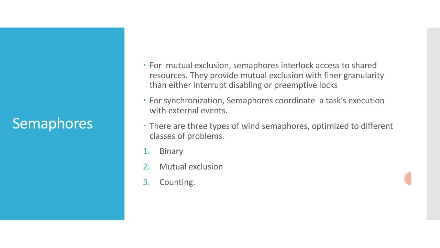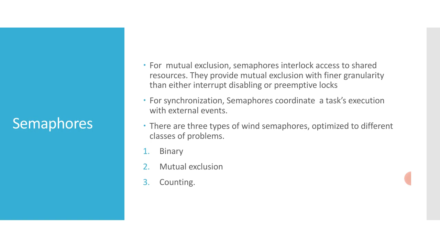For mutual exclusion, semaphores interlock access to shared resources. They provide mutual exclusion with finer granularity than either interrupt disabling or preemptive locks. For synchronization, semaphores coordinate a task's execution with external events.